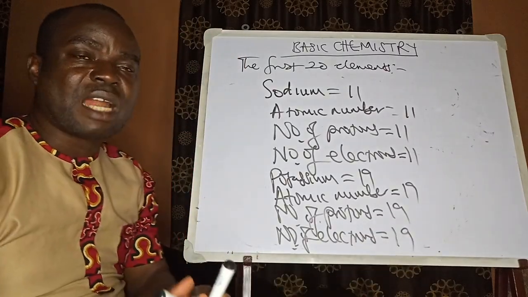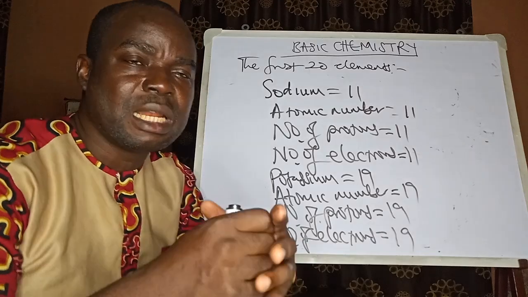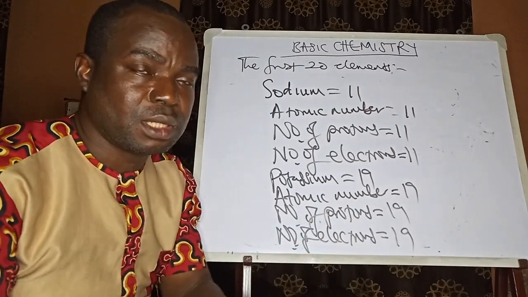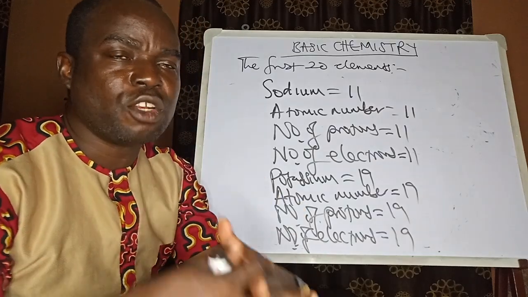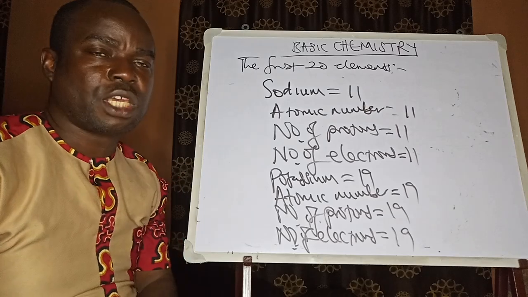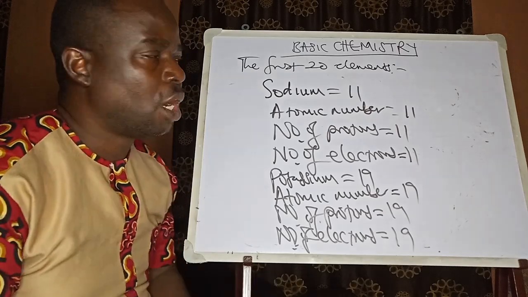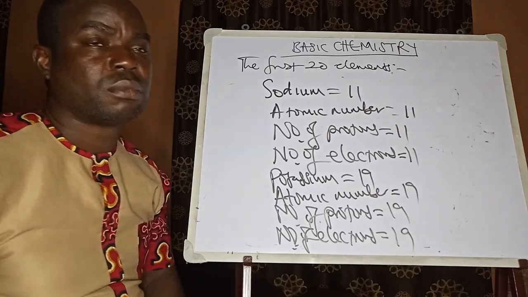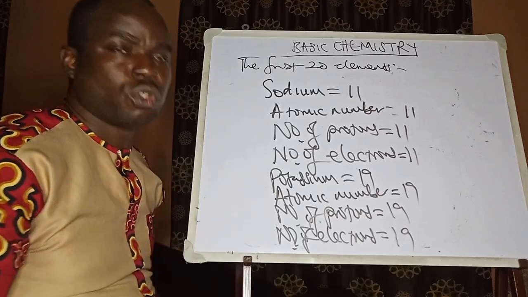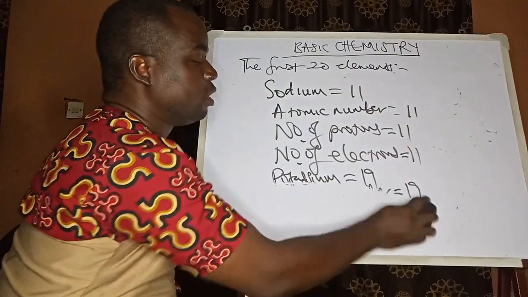So what you have learned in this video now is the first 20 elements and how to find the atomic number of an element, which is the serial number, how to find the number of protons, and how to find the number of electrons. Okay, so to round off this video, I want to give you some things to jot down. I will make reference to that much later in the series.